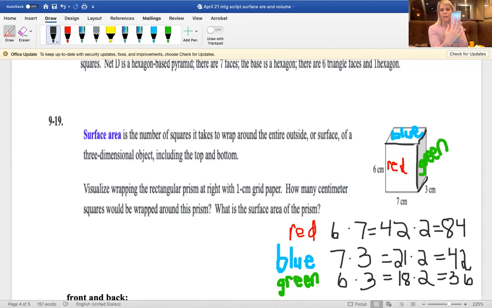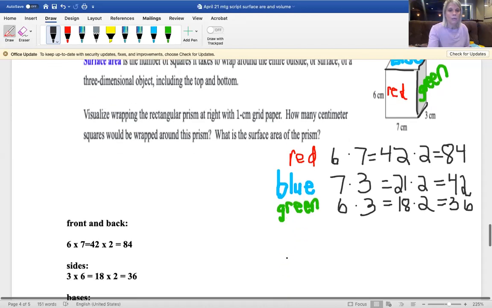Then we had the bases, the top and bottom, which we made blue, and we did that 7 by 3, and we doubled it because there were 2 bases. And then we took the side faces, which we made green, and did 6 by 3 and doubled it to get 36.